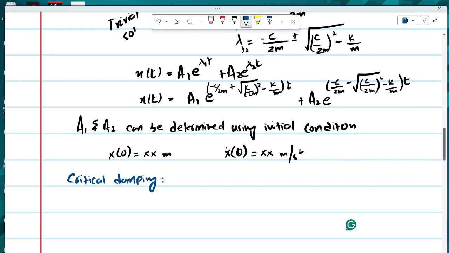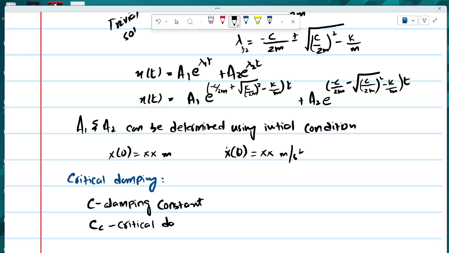So let's say we know c is the damping constant, and Cc is the critical damping constant.